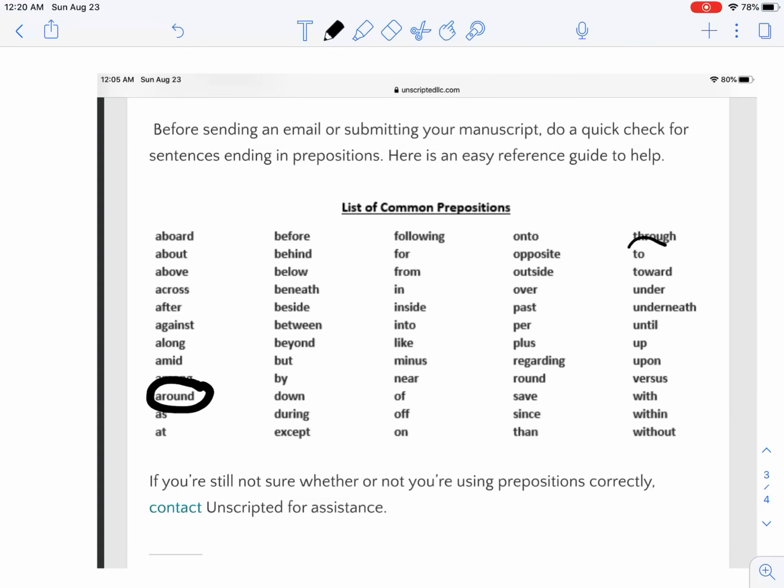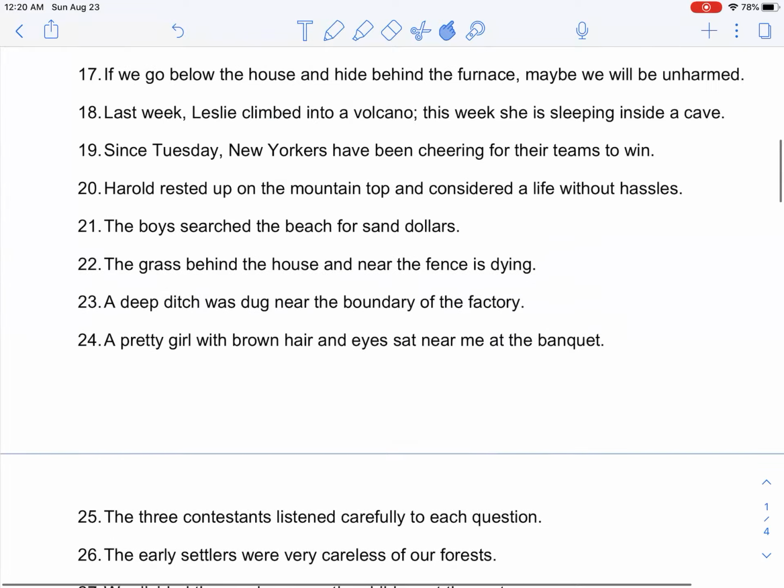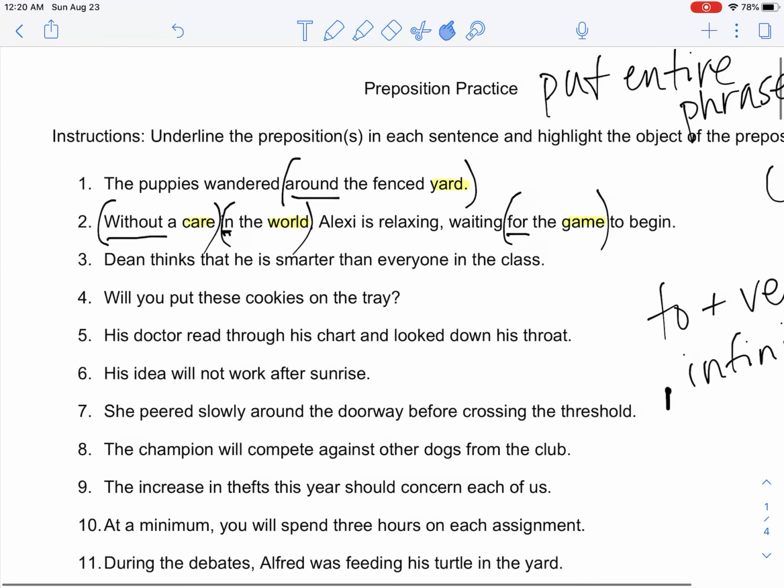It's right here. And it is a preposition. However, it is also the beginning of an infinitive. So here's how you do this. If the word after the to is a verb, then it's not being used as a prepositional phrase.